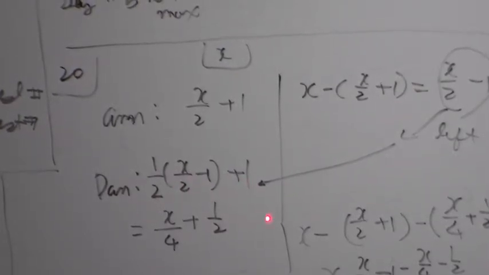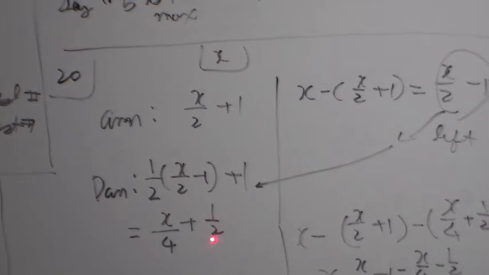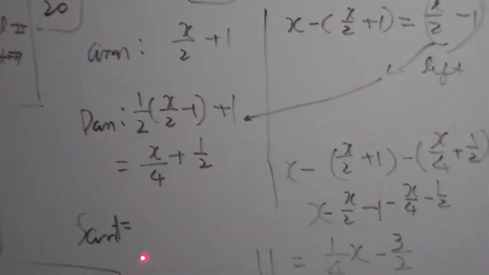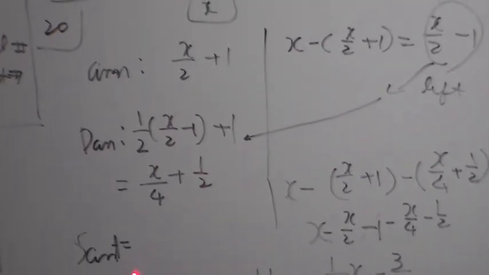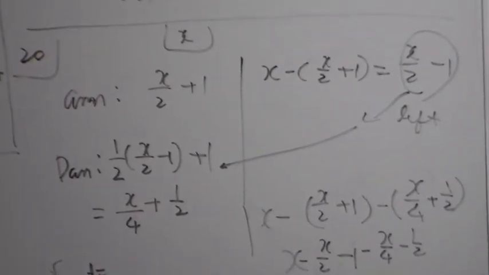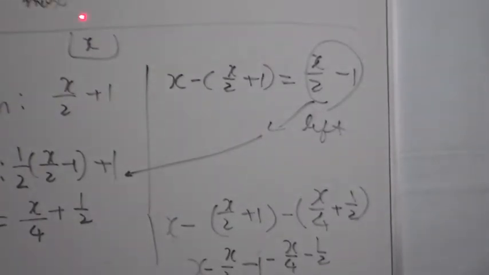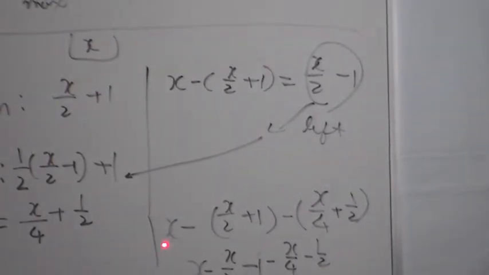Once you figure this out, this calculation is X over 4 plus a half. Then the leftover is what Stan got. That was $11. So we're going to figure out what portion is left. Okay, we have a box X right there.